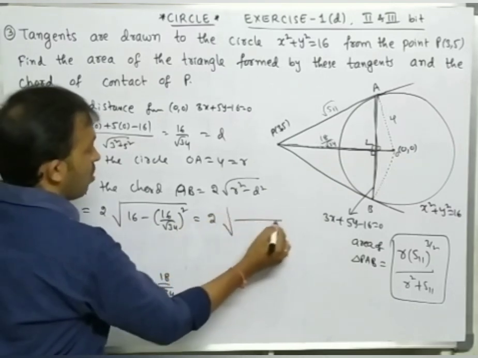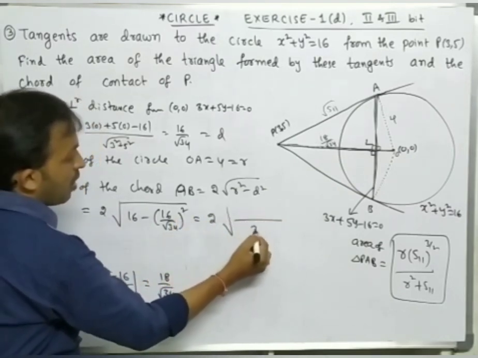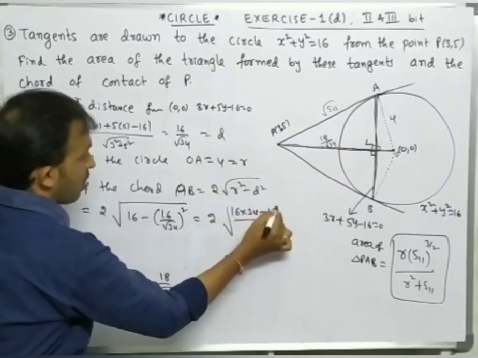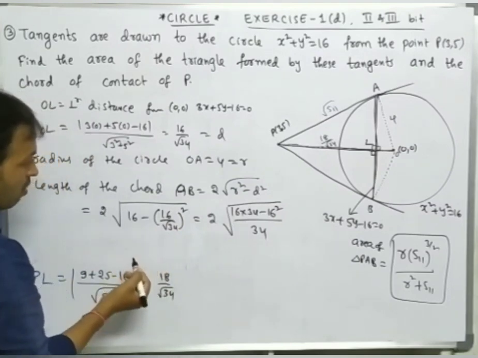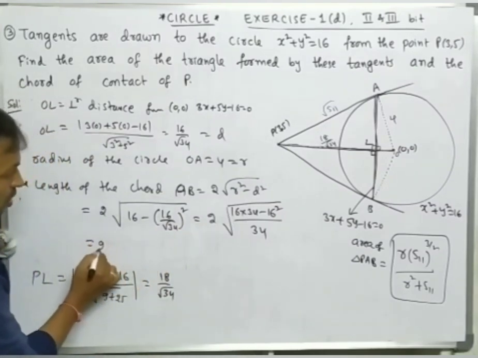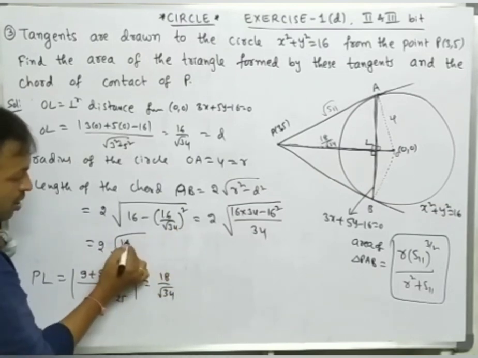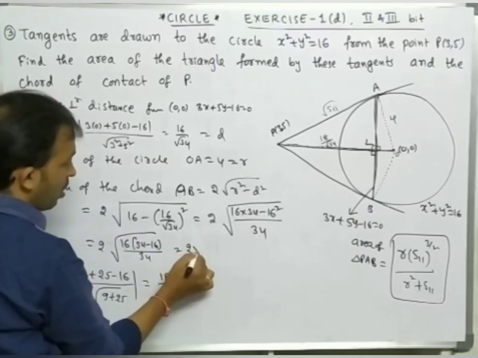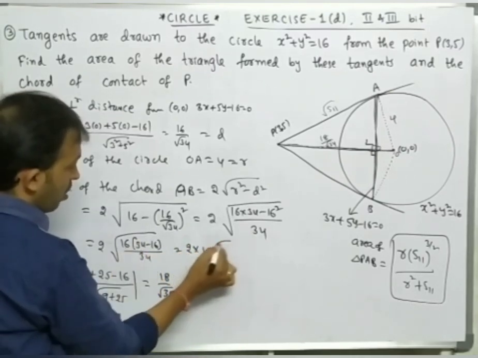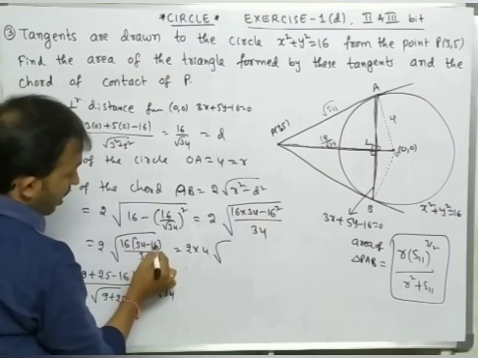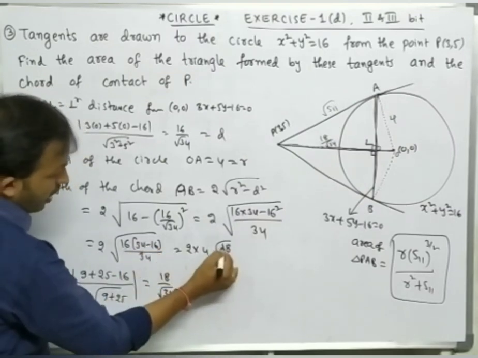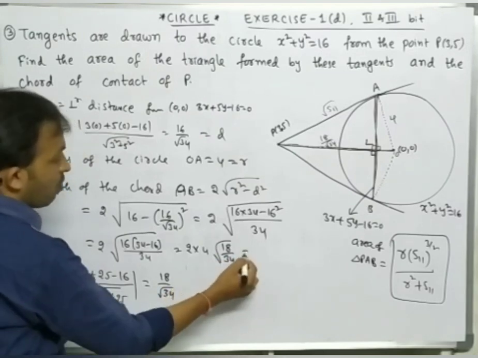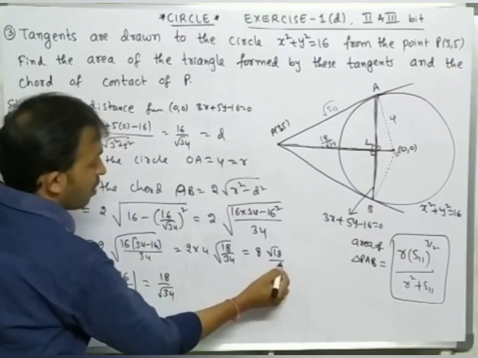So root 34 whole square means 34. 16 into 34 minus 16 square. Okay, now 2 into, 16 common, (34 minus 16) by 34. So 2 into square root of 16 is 4, into root of (34 minus 16) 18 by 34. Okay, right, 2 fours are 8 into root 18 by root 34.